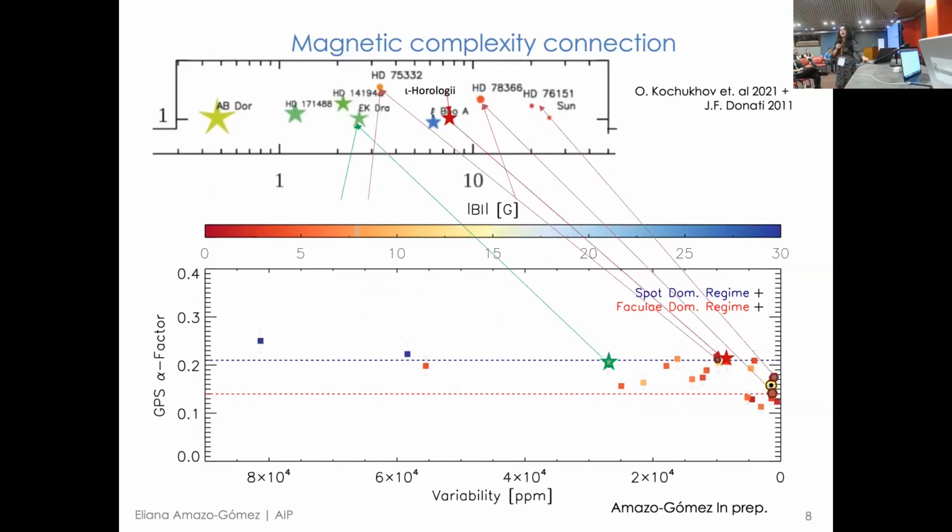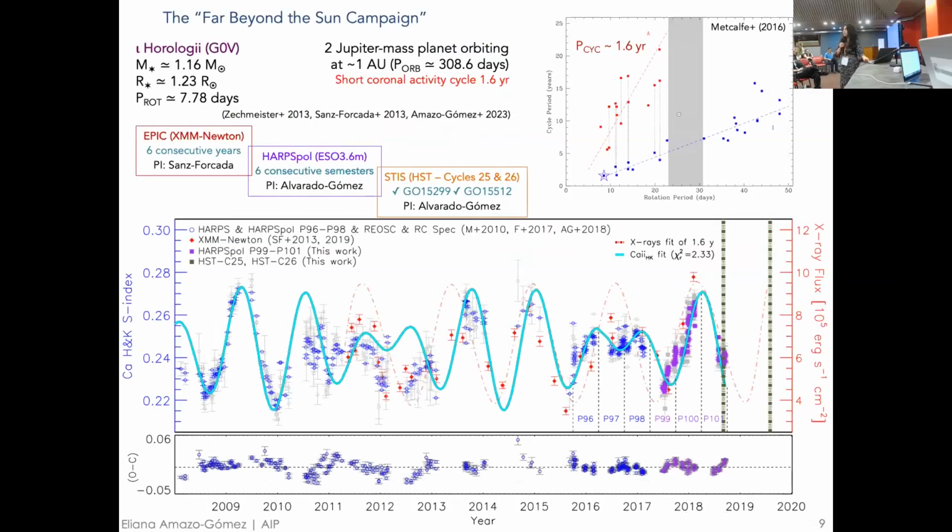And then is when Iota Horologii enters. Iota Horologii is one of the stars starting the transition region toward facula-dominated stars, but it's still a spot-dominated star. It's a very important star that we followed for more than 20 years in calcium.